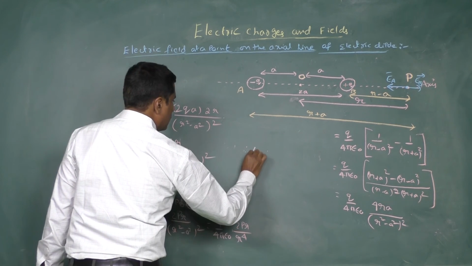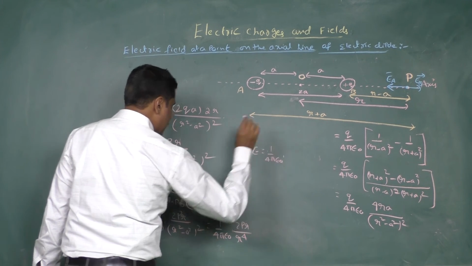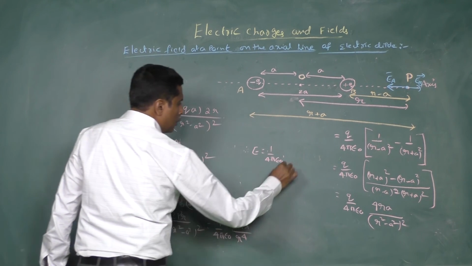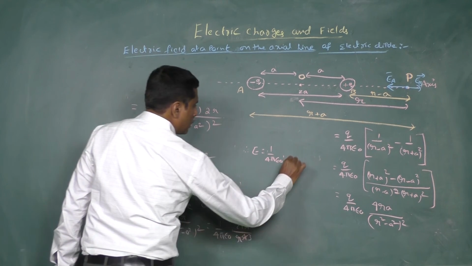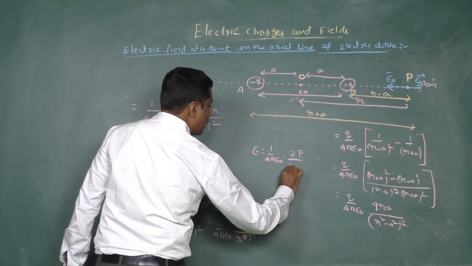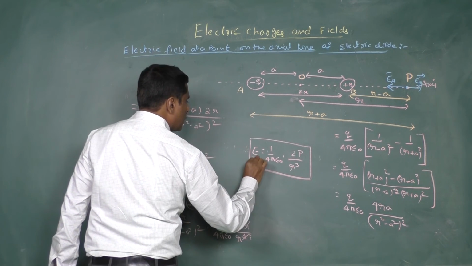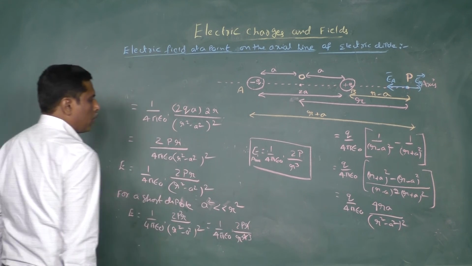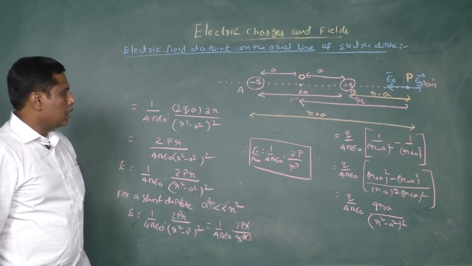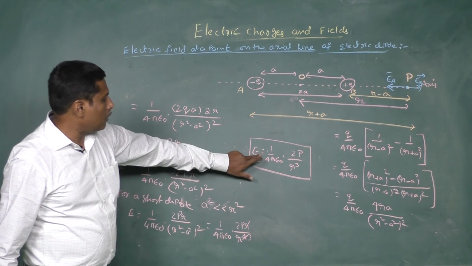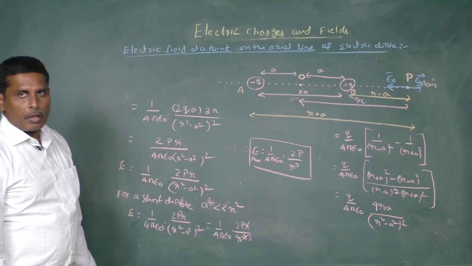Therefore, finally, you can write E is equal to 1 by 4 pi epsilon naught into, here R cube gets cancelled, so we can write 2P by R cube. This is the expression for the electric field at a point on the axis of the dipole. E is equal to 1 by 4 pi epsilon naught into 2P by R cube.